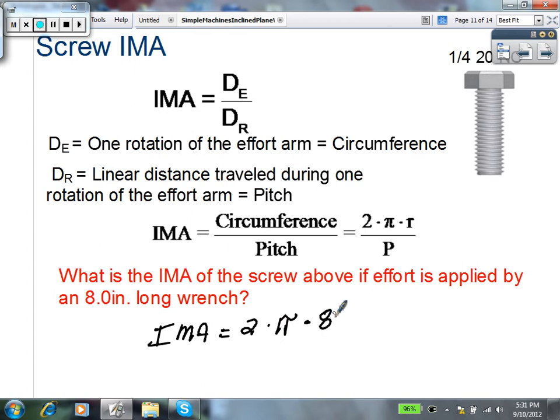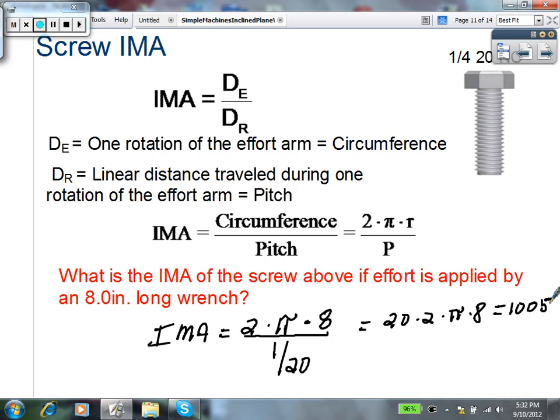So 2 times pi times 8. The pitch for this screw, notice there's 20 threads per inch, so it'll be 1 over 20. Now this is equivalent to 20 times 2 times pi times 8, which is approximately 1005.